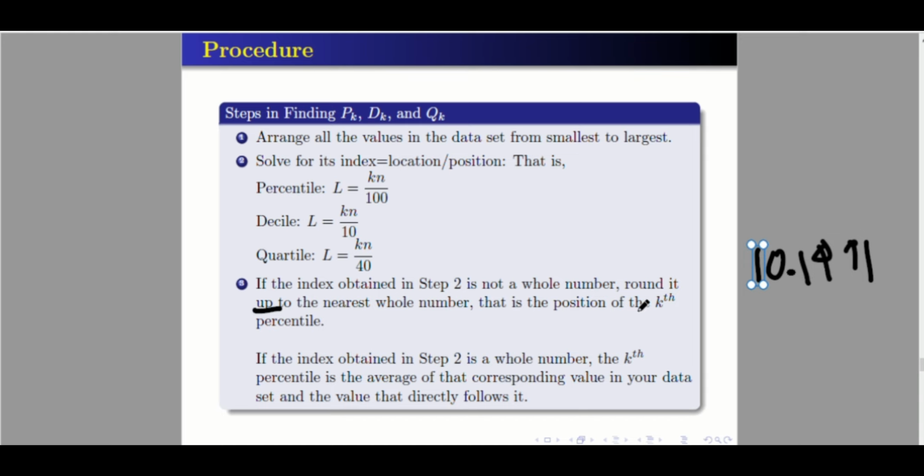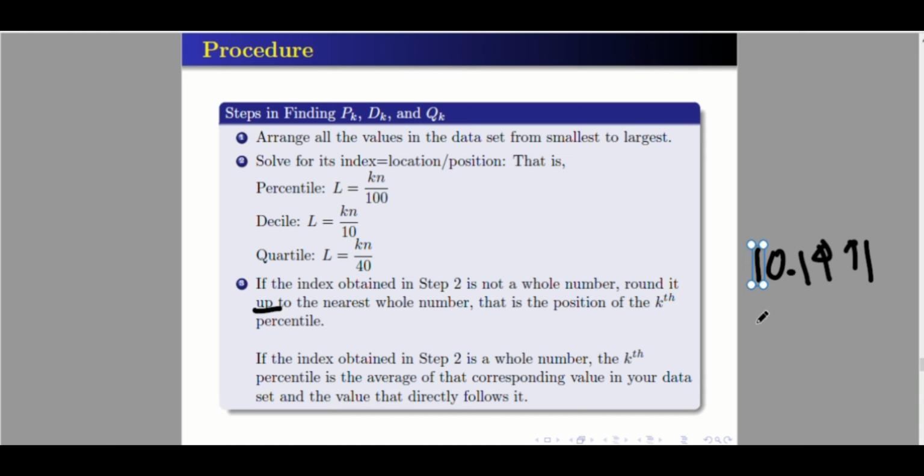Okay, if there is an extra decimal number, of course we always round up, not off. And if it is a whole number, then we need to get the average of the data. The kth percentile is the average of the corresponding value in your data set and the value that directly follows it.